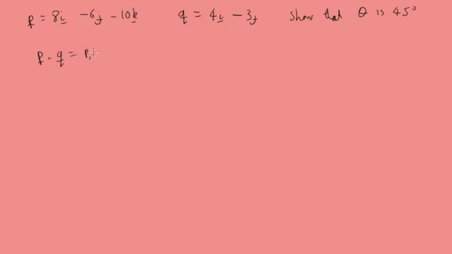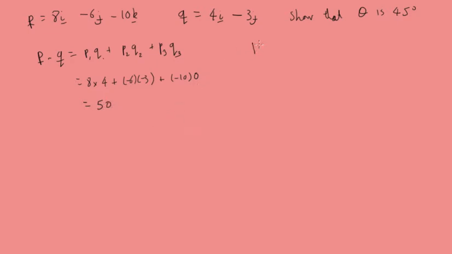So it's going to be P1 Q1 plus P2 Q2 plus P3 Q3. So that is 8 times 4 plus minus 6 times minus 3 plus minus 10 times 0. So that gives us 50.